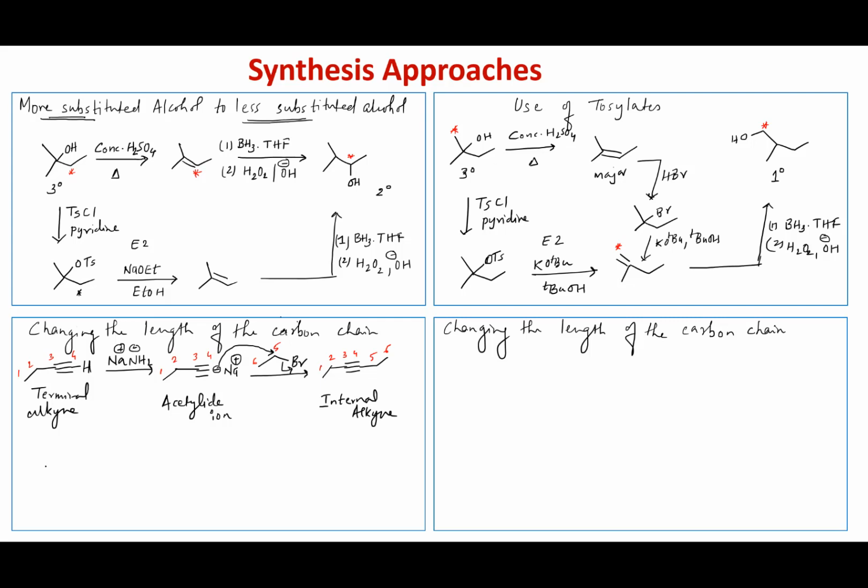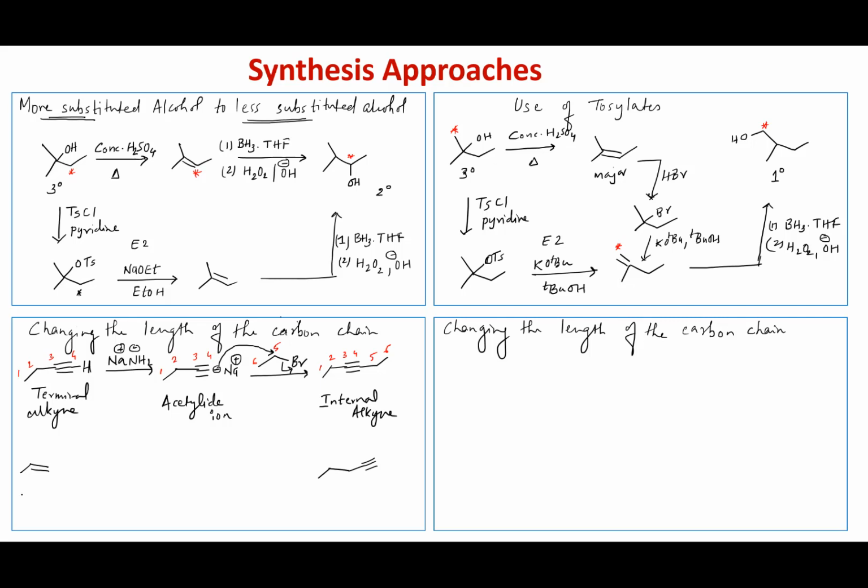Now imagine a similar scenario where maybe we're starting with an alkene. Let's say we have this alkene, and I want to convert this alkene into an acetylide ion. Oh, sorry, not an acetylide ion. I want to convert it into an alkyne.